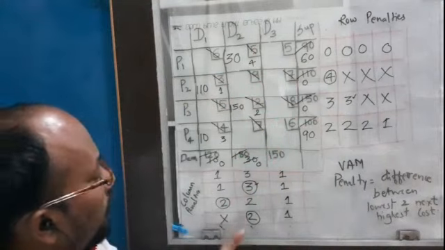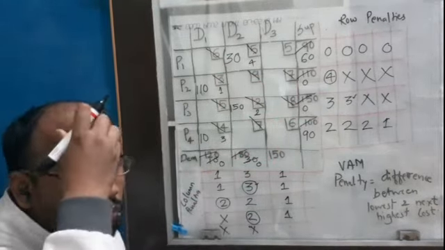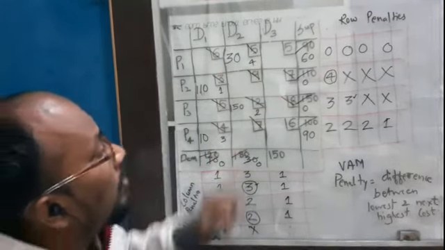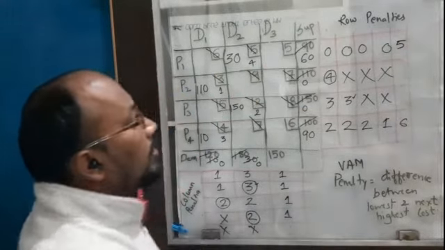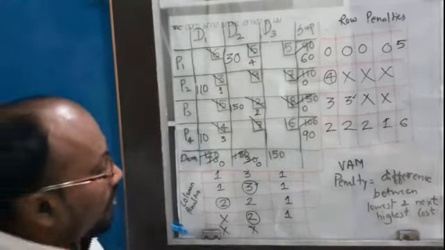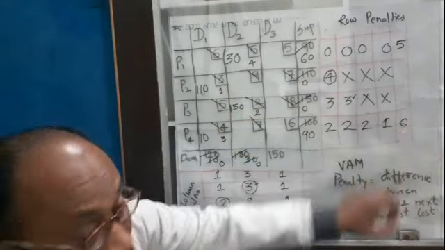Now we will not calculate penalty for D2 onwards. Now the penalty for P1 is 5, for P4 is 6, for D3 it is 6 minus 5, the difference is 1. The highest penalty is 6.